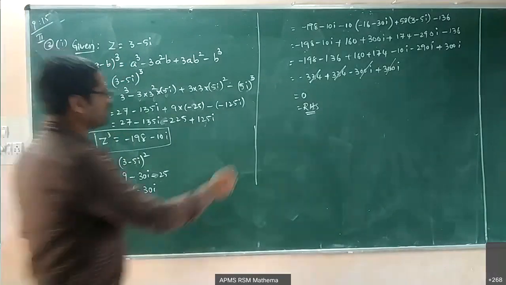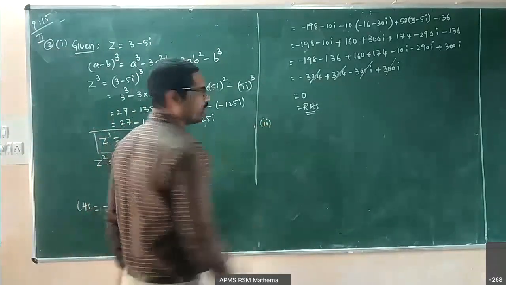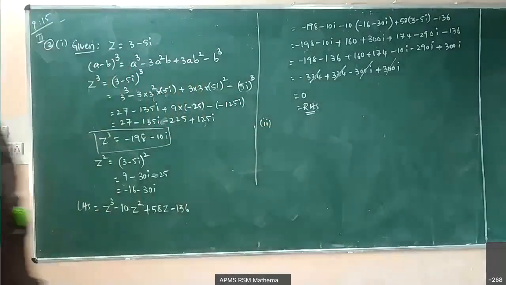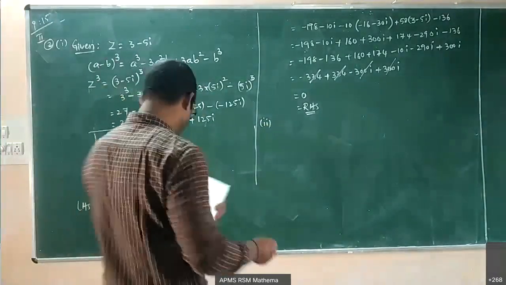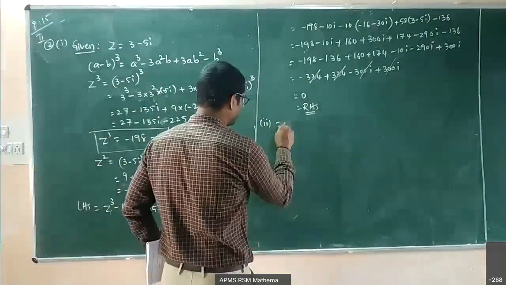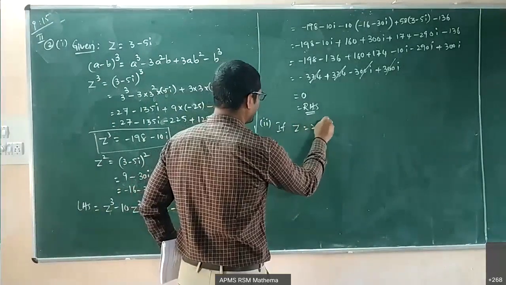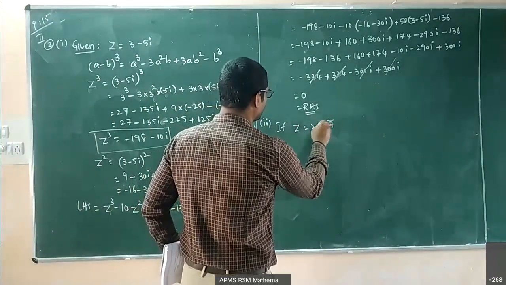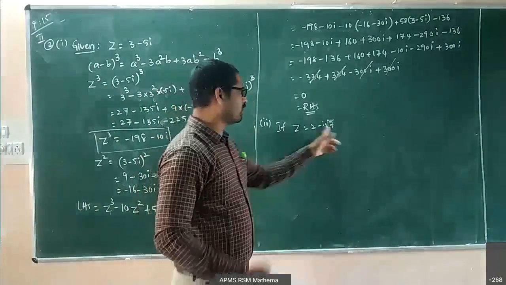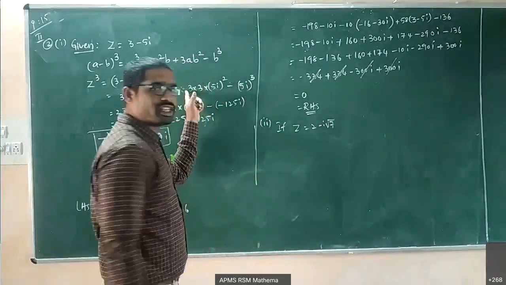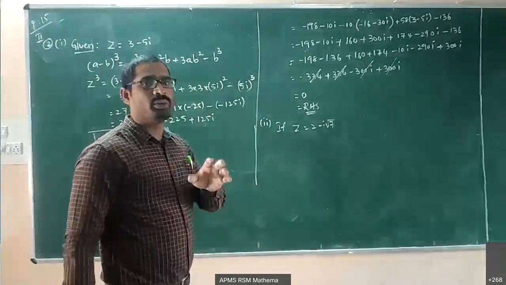And the second one is very similar. I just write down the problem, so after the class you could do it yourself. If Z is equal to 2 minus i root 7, here we are getting an irrational number, so while finding Z cube and Z square you need to be a bit careful.